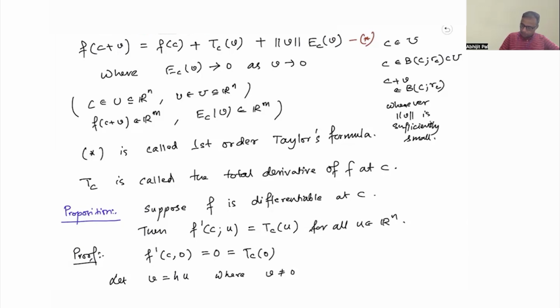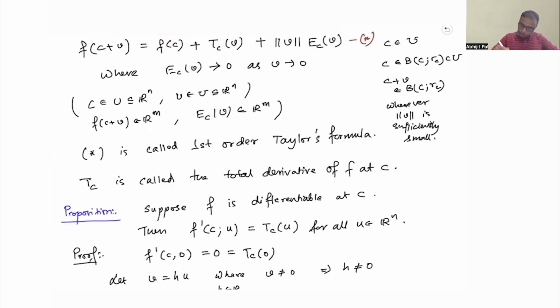So this will imply that h is not equal to 0. And this h, I have taken b equal to hu, so h is a real number.